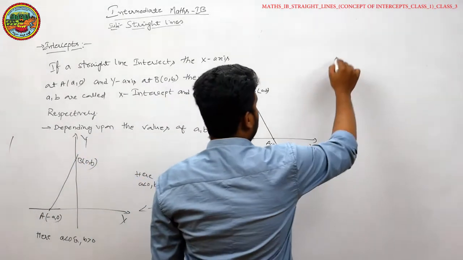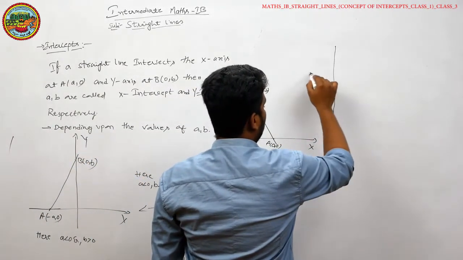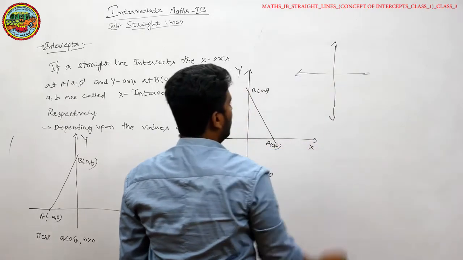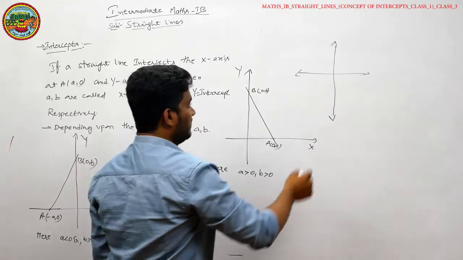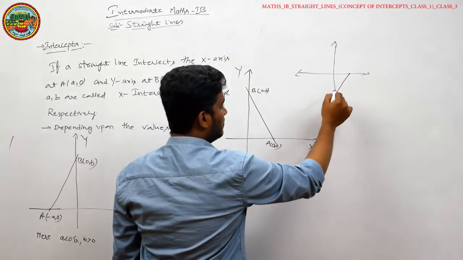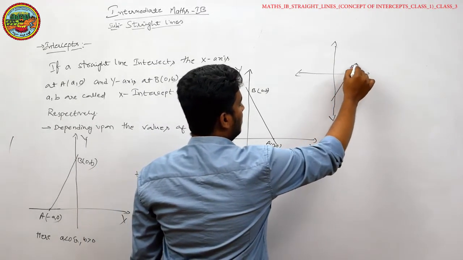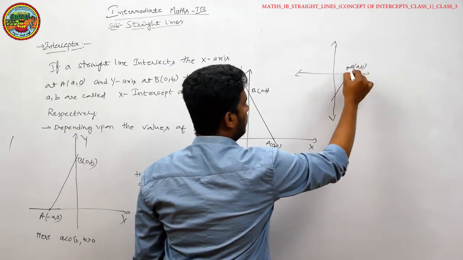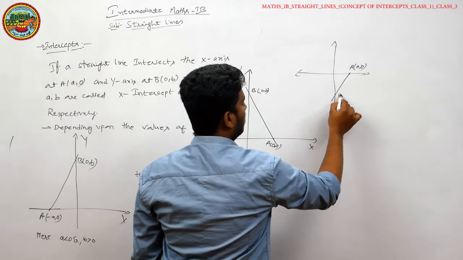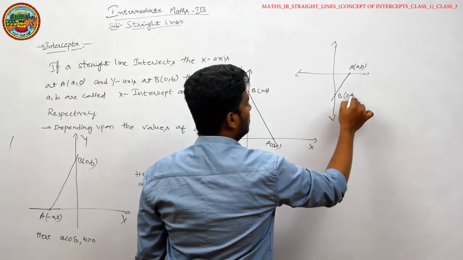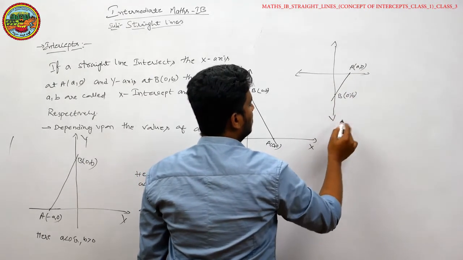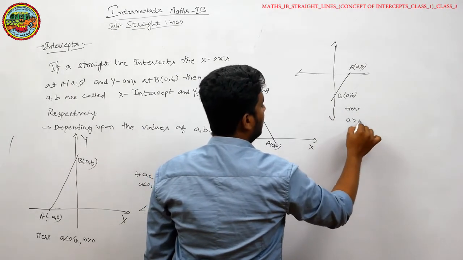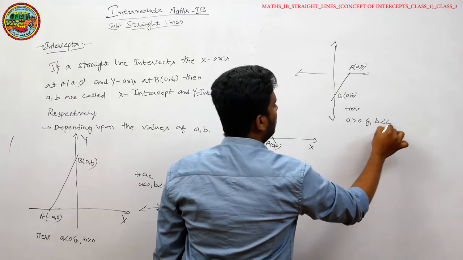And suppose the line intersects the coordinate axes like this. Then the A point is A comma 0 and the B point is 0 comma minus B. So here A is greater than 0 and B is less than 0.